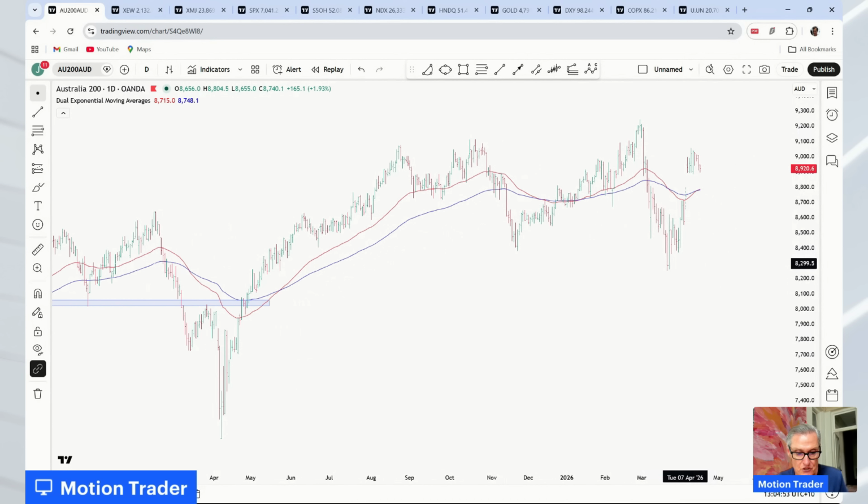Now, the ASX 200, it's done something important this week, and I think this is the key to the sustainability of this V-shaped reversal. So what the ASX 200 has done, it's held on. It's held on to most of its gains.